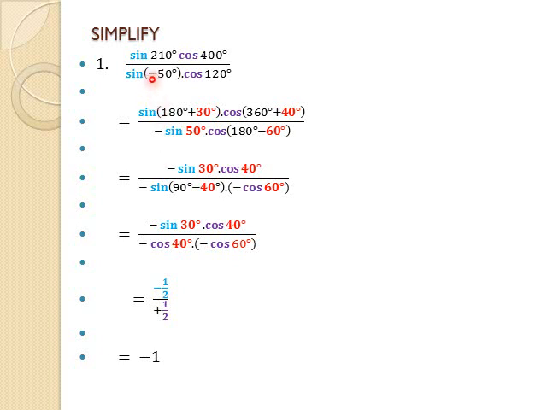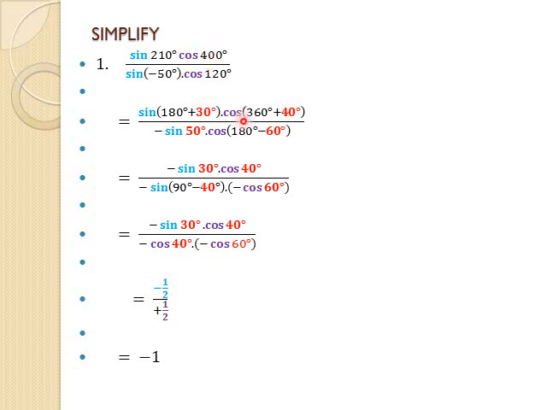Look at problem 1. They gave me 210, which is bigger than 90, cos 400, bigger than 360, negative angle, and cos 120. So my objective is to make sure all of these angles are special angles and acute. So there, 210 falls in the third quadrant, can be written as 180 plus 30 degrees. 30, special angle.